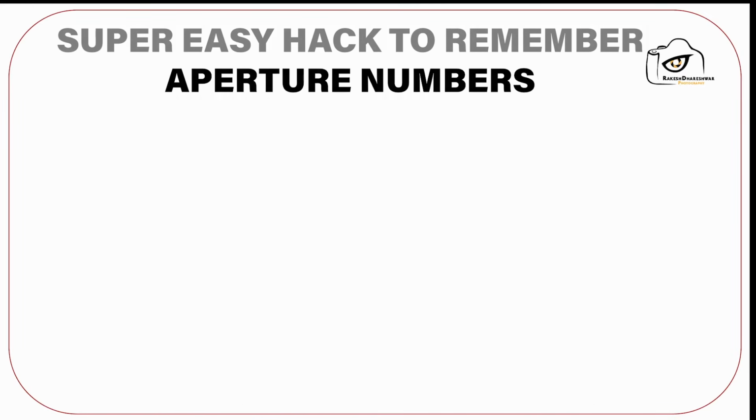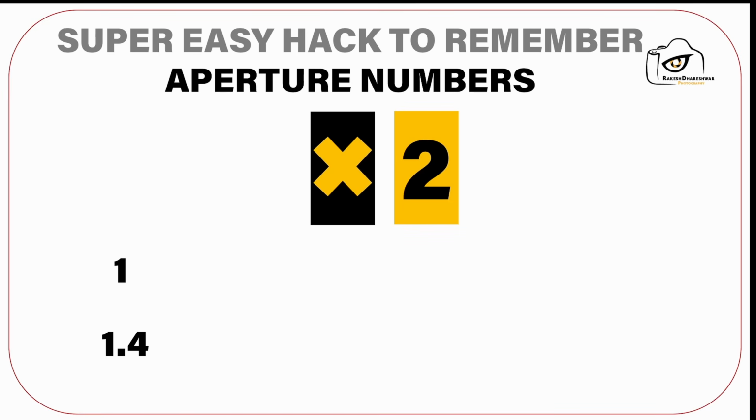Now for the hack I promised. If you want to remember aperture numbers very easily, learn just two numbers, 1 and 1.4. If you memorize that, then it's very simple. Every time I will double these to get the next two numbers. So 1, if I have to double, I multiply by 2.